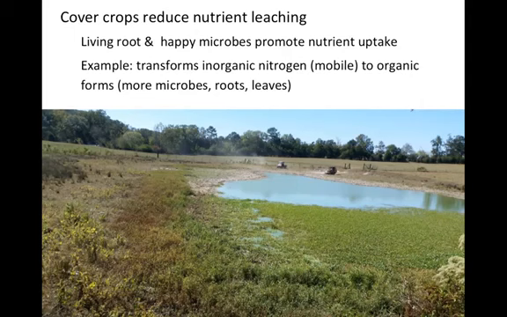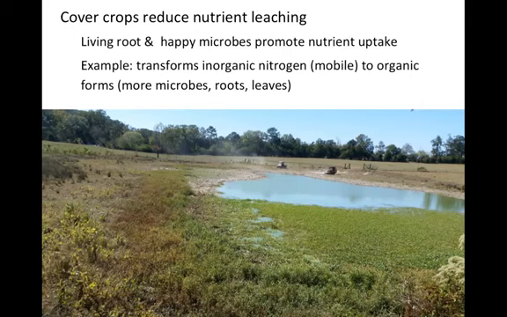Another way algae, or this overabundance of algae, can rob oxygen is when it dies and falls to the bottom of a waterway and begins to decompose. So all those microbes begin decomposing it. Then those microbes are also using up oxygen. So we can get pretty low dissolved oxygen levels, which can lead to fish kills.